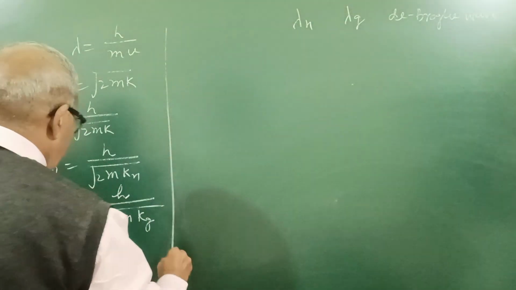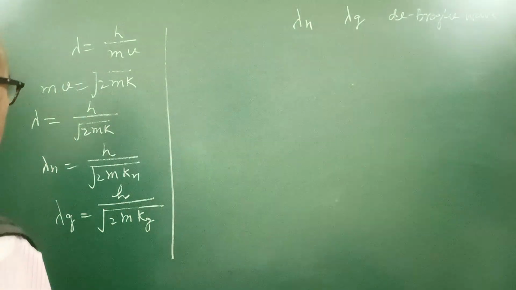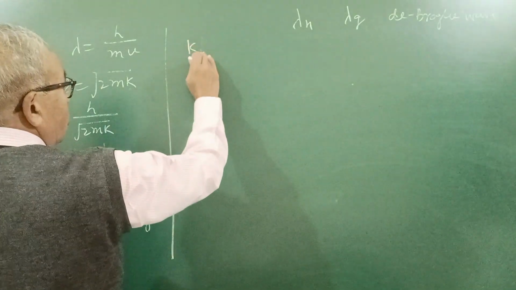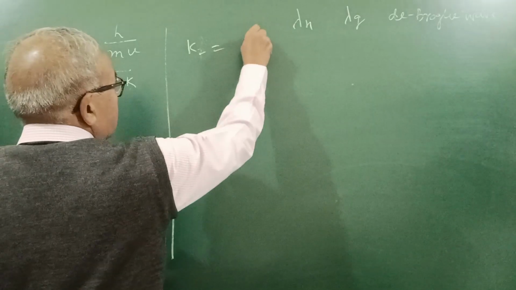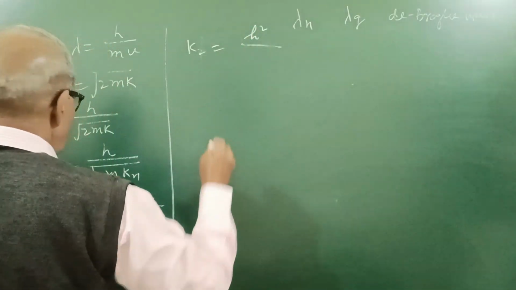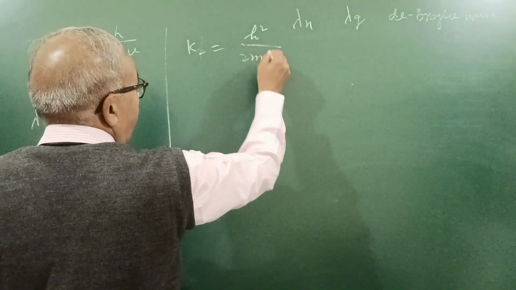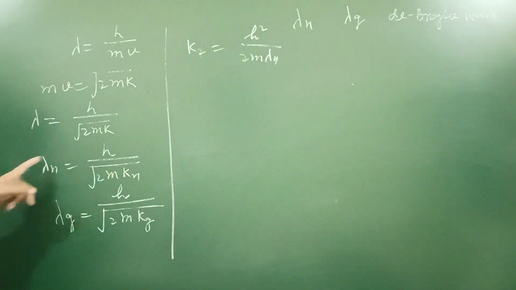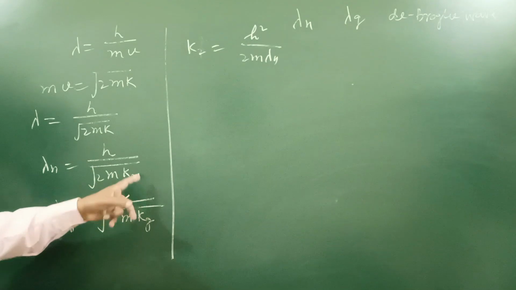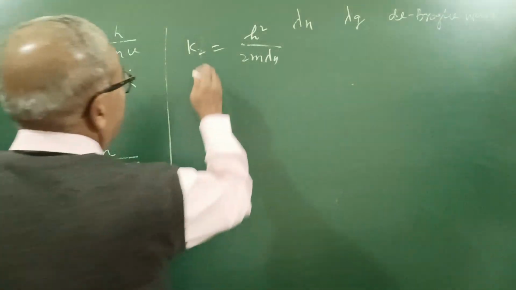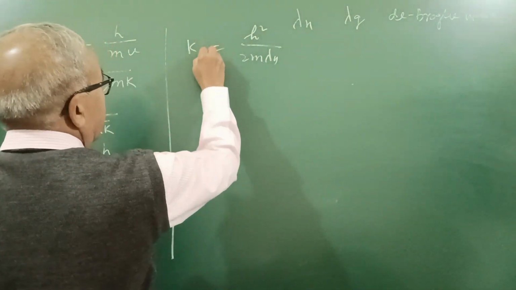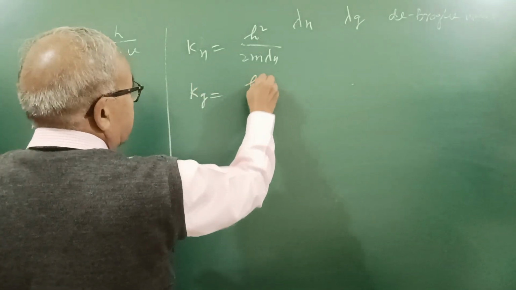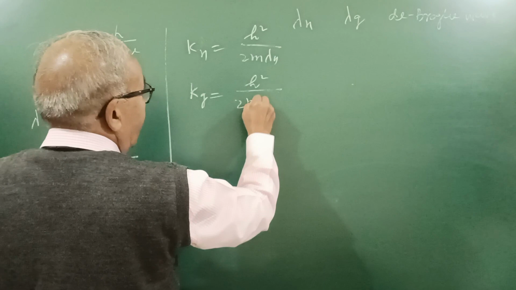Squaring both sides, Kn comes out to be h square upon 2m lambda n square, and similarly Kg is h square upon 2m lambda g square.